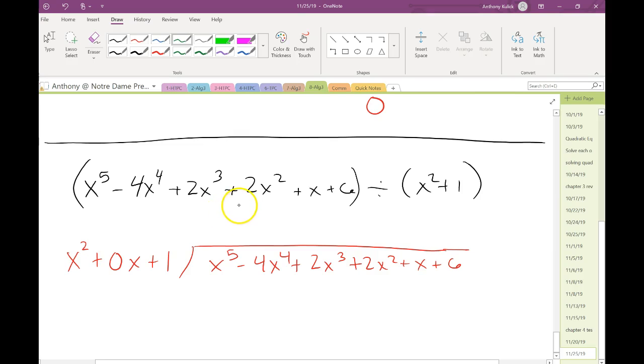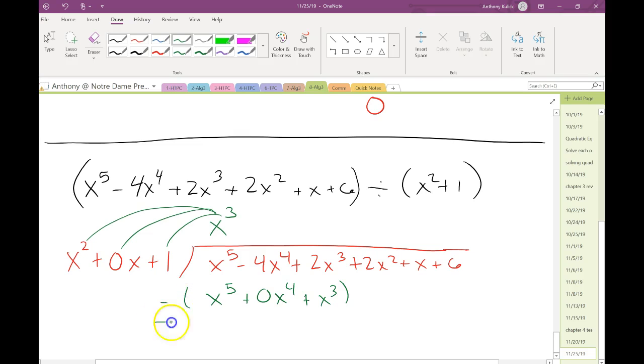All right, so let's start this one. I'm going to ask what times x squared gives me x to the fifth, x to the third. Everybody agree with that? So I'll multiply that to all 3 parts of my divisor. And then we subtract down.